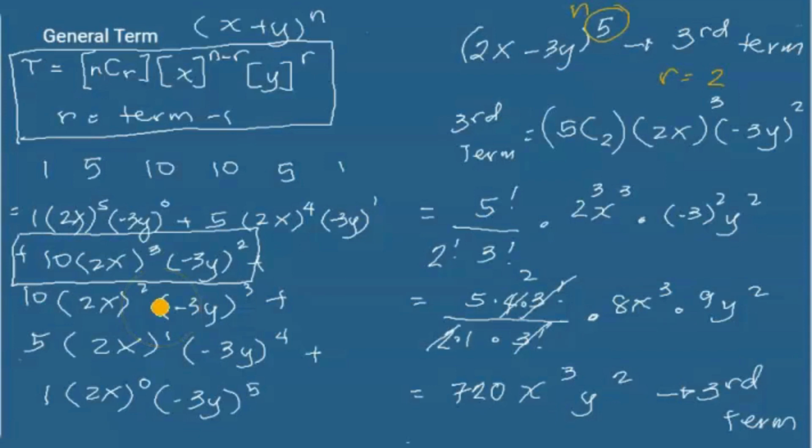As we can see, negative 3y raised to the second power is positive 9y squared. And then 2x cubed will be 8x cubed. And we have this 5 times 2, 10. So we get the same answer. I hope this helps.